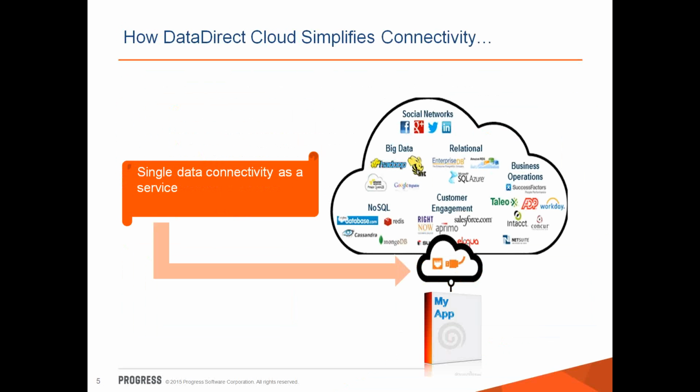This is what D2C offers you to get away with the connectivity problems that you have been facing from your application perspective. We offer a single data connectivity as a service that enables you to talk to a discrete number of data sources that are either hosted in the cloud or living in on-premise machines in your own enterprise networks. This is the core offering of DataDirect Cloud.